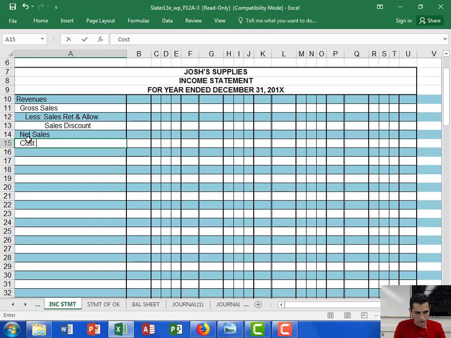And then you're going to have cost of goods sold. You'll then have your merchandise inventory, part of that. Now this will be for the beginning of the month, or 1-1X. And then you'll have purchases right underneath it, because those are the purchases that you've done during the month.